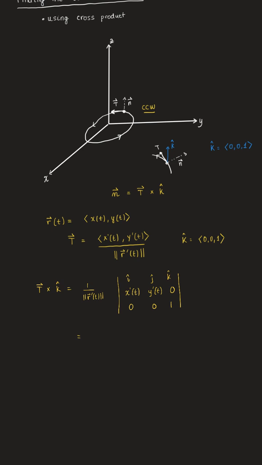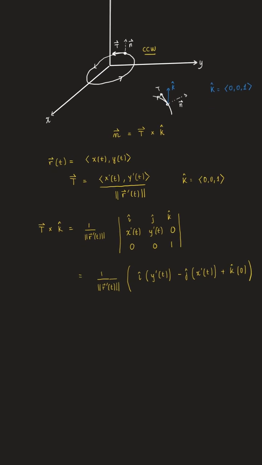And when we find this cross product, we have 1 over the magnitude of r prime of t times the vector: i gets multiplied by y prime of t, minus j hat gets multiplied by x prime of t, and for k hat we get 0, which is great because we want our normal to be on the xy plane, so that makes sense.